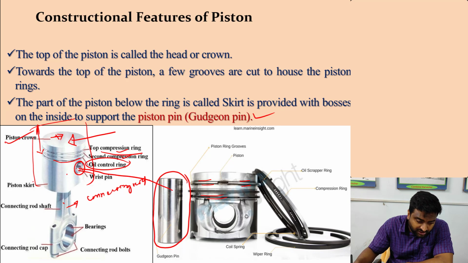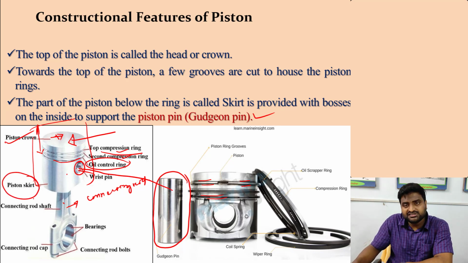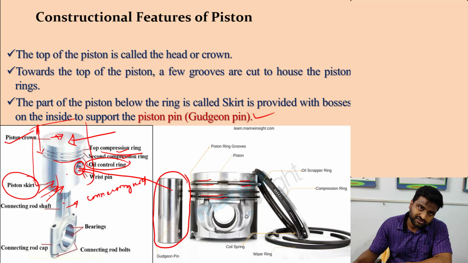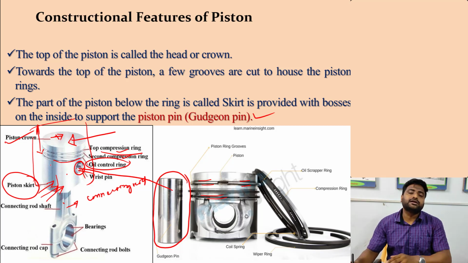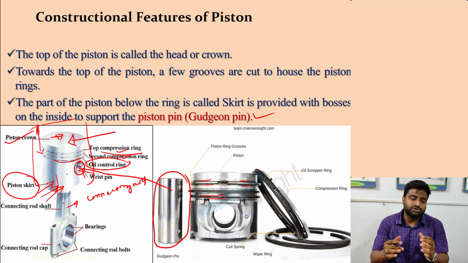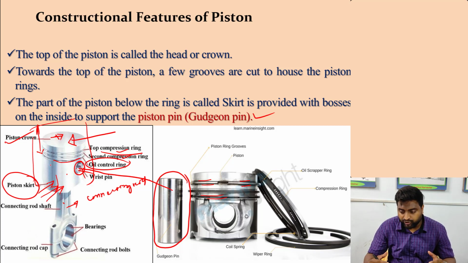The last part is known as the piston skirt. What is this piston skirt? The piston skirt is the part which takes the side thrust from the cylinder. Now see, a lot of heat is being generated inside the engine cylinder.